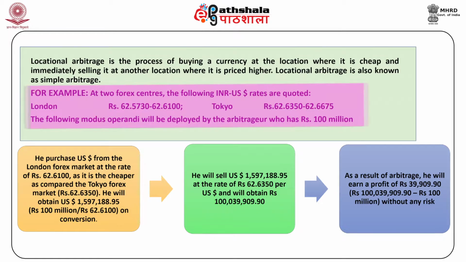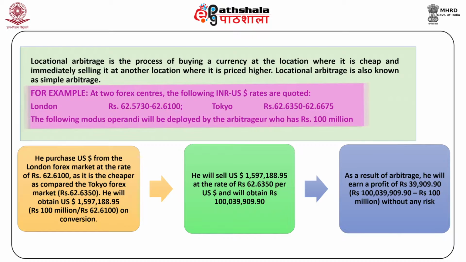For example, at two forex centers, the INR US dollar rates are quoted. This one is in London. It is rupees 62.57 to rupees 62.61, while in Tokyo it is rupees 62.63 to rupees 62.66.